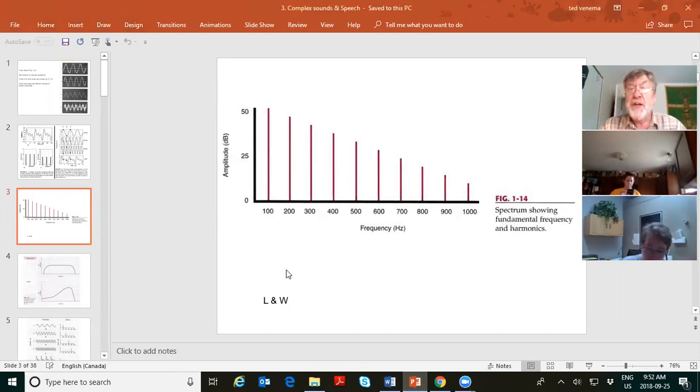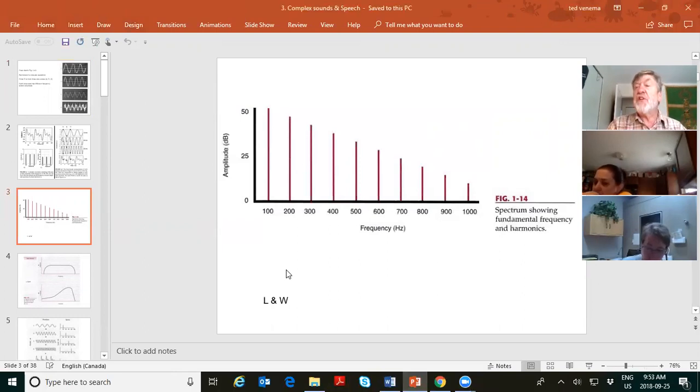So the fundamental here is 100 hertz, and all the other ones are called harmonics. Harmonics in acoustics means equal multiples of the fundamental. So in this kind of a complex sound, all the harmonics are equal multiples of the fundamental frequency.